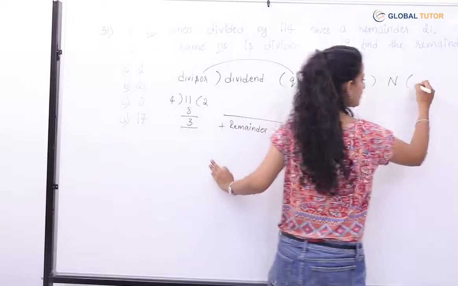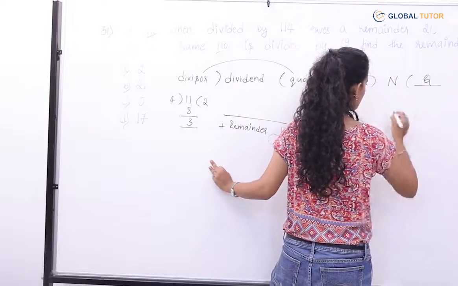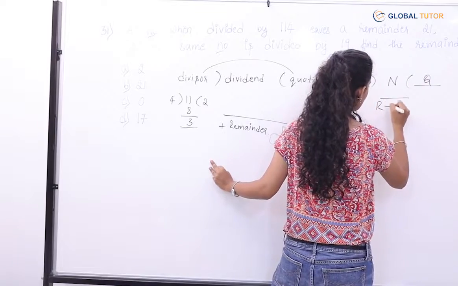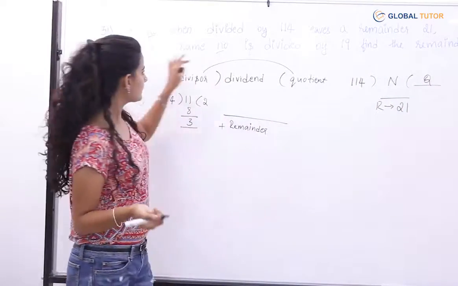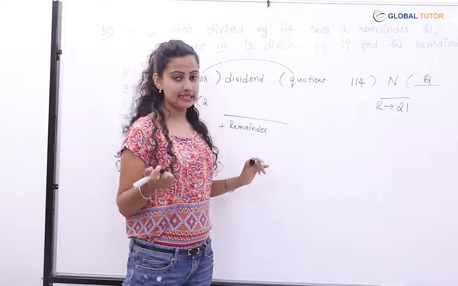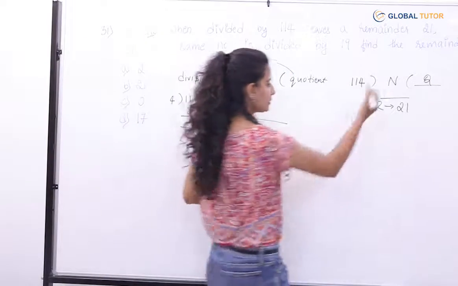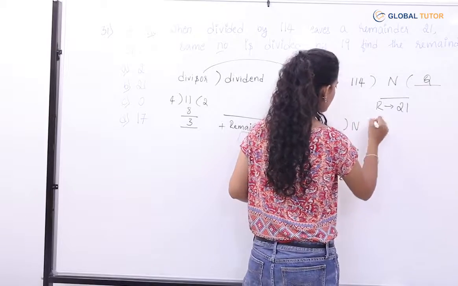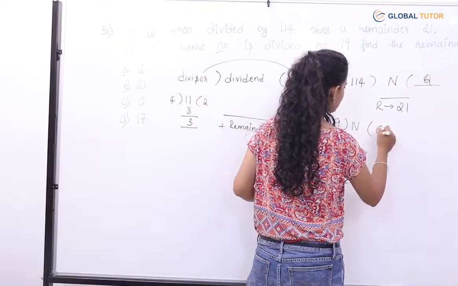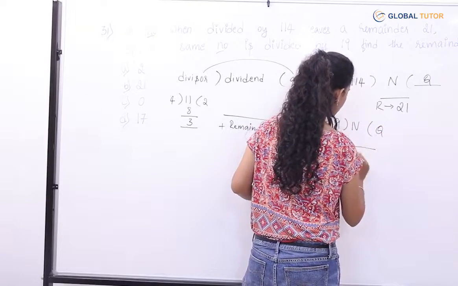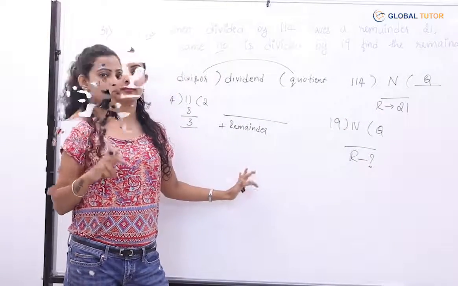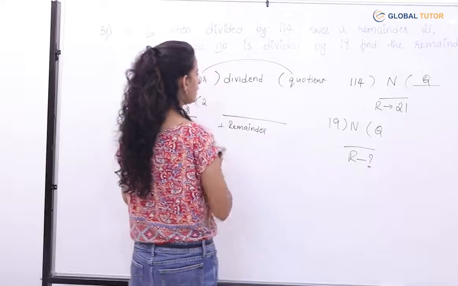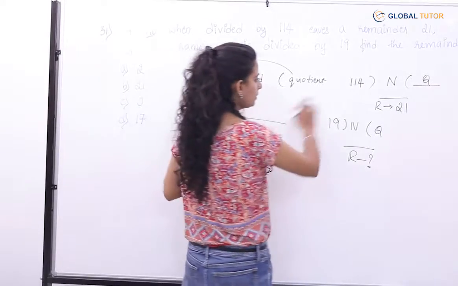They have not given us the quotient, so let's call it q, and the remainder is 21. Now if the same number is divided by 19, you have to find the remainder. This is the question.